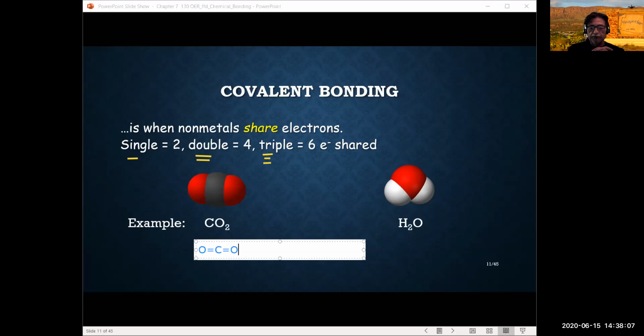Okay? That represents 2 double bonds within the carbon. Okay, so if we count each line, we got 4 lines. Okay, and 4 lines, each one represents 2 electrons. So guess how many electrons we have around the carbon? 8. Okay, 8 electrons.